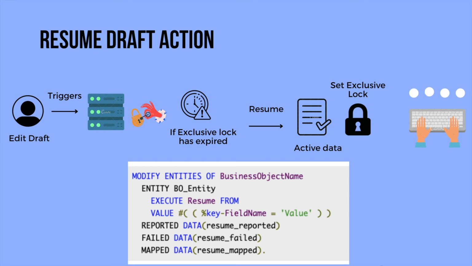I want to highlight again that all the runtime actions we have seen will be handled by the framework only, even if it is unmanaged. So for managed and unmanaged behavior definitions, we don't need to write any logic for handling these actions.